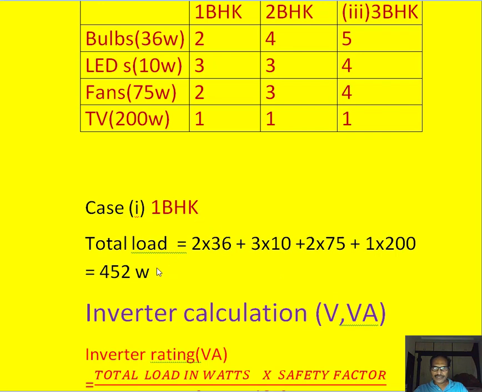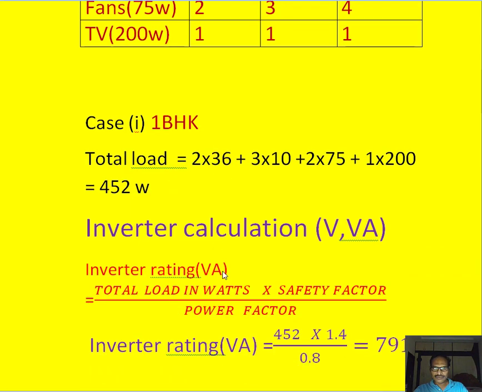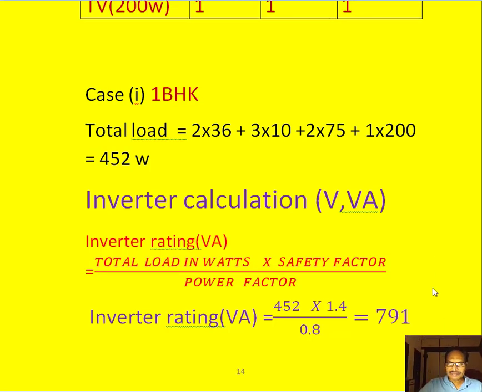In 1 BHK the total load is 452 watts, and the power factor we have assumed as 0.8 lagging. Using this formula, the total load for 1 BHK is 452 watts into safety factor 1.4, divided by the power factor we assumed, 0.8. From this we find that the inverter rating is 791 VA.